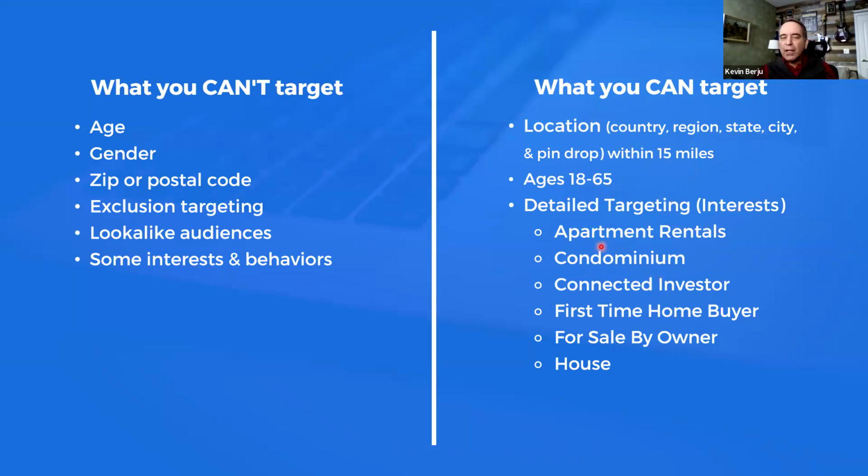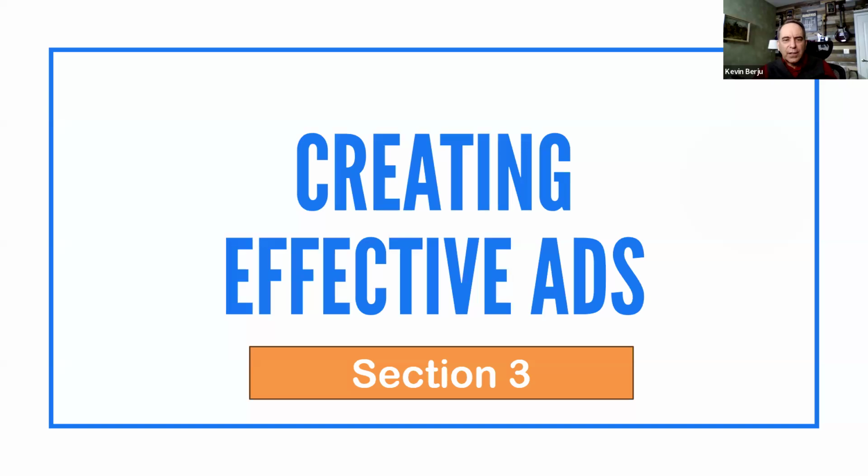You can do some interests, like people that are just looking for apartments or condominiums, or they just want investments, first-time buyers, for sale by owners, and interest in a specific house. So there are many other effective ways to target consumers. Under detailed targeting and interest, that's where you'll find that, and we'll show you where to find that. We're going to speak about how you select those a little bit later in the presentation.